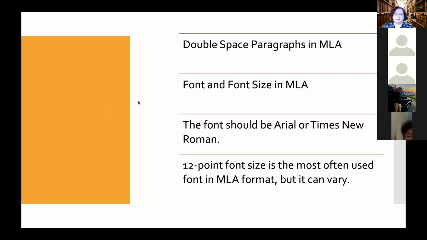Double space the paragraphs. About font in MLA, the font should be Arial or Times New Roman, which is the most common. The font size can vary, but the most often used is 12 points.